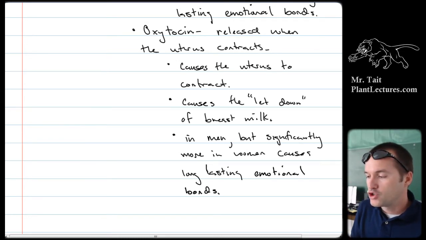Okay? So, evolutionarily, why is this important? At what instance is a mother going to have the highest concentration of oxytocin in her body that she ever will? Yeah. So when she has a kid, it causes that emotional bond between her and the child.